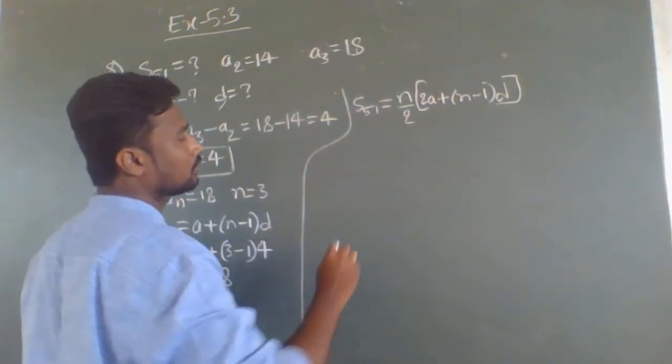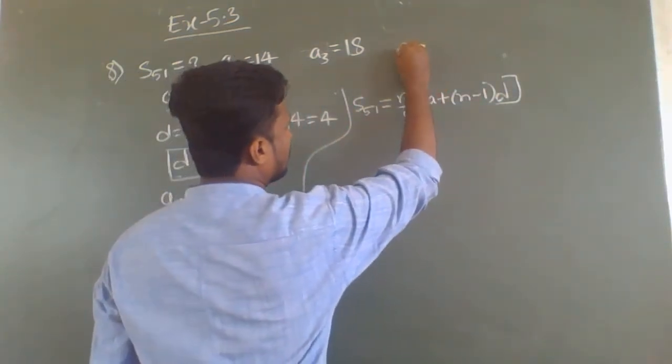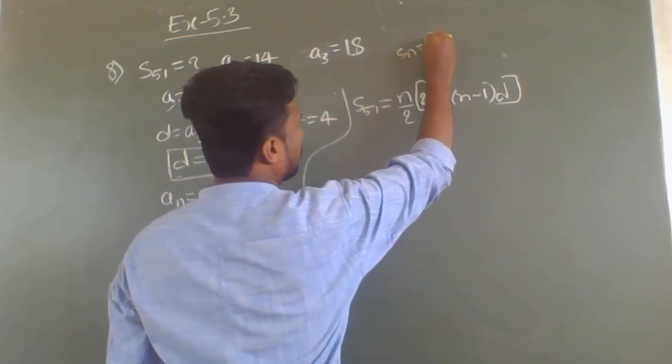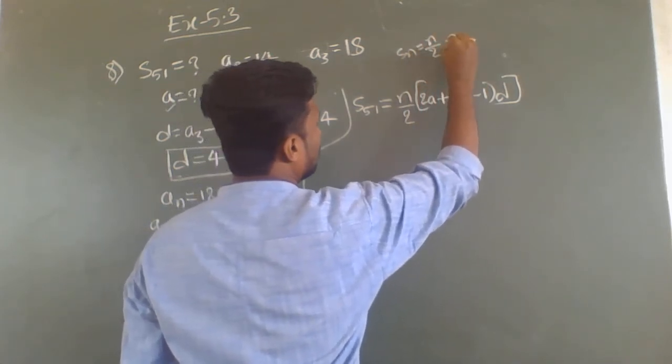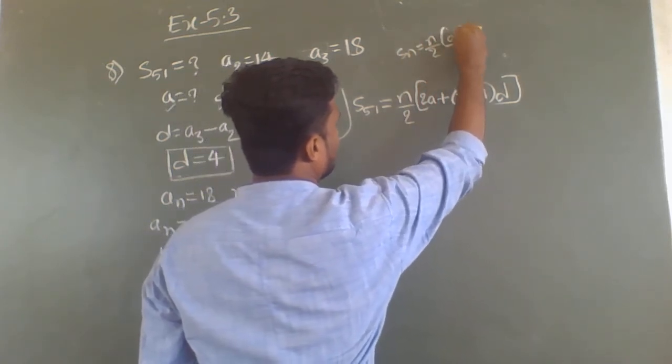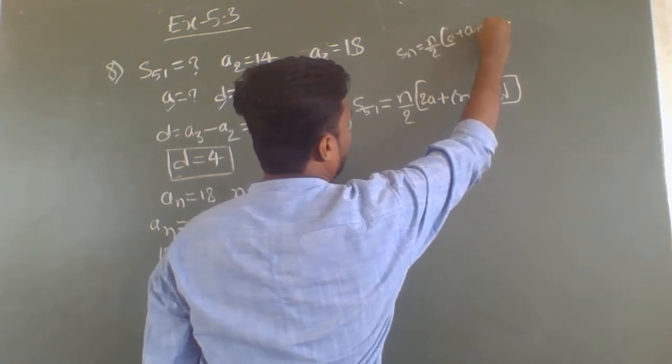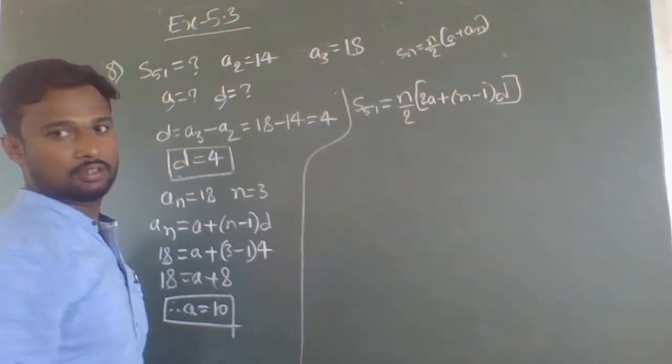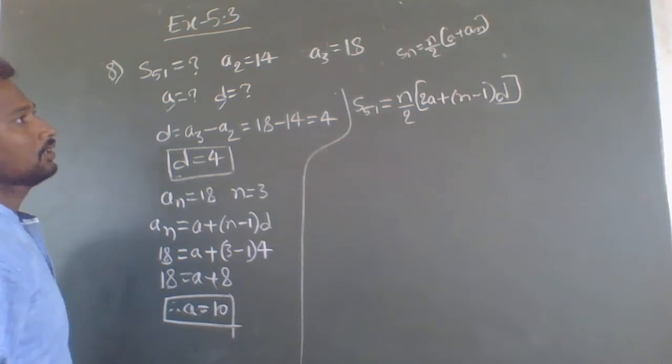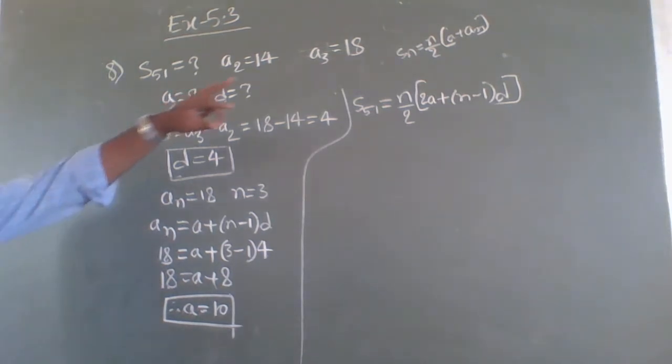Here I will not use the formula Sn is equal to n by 2 into bracket a plus an. I will not use this formula. Why? They have not given the an value.